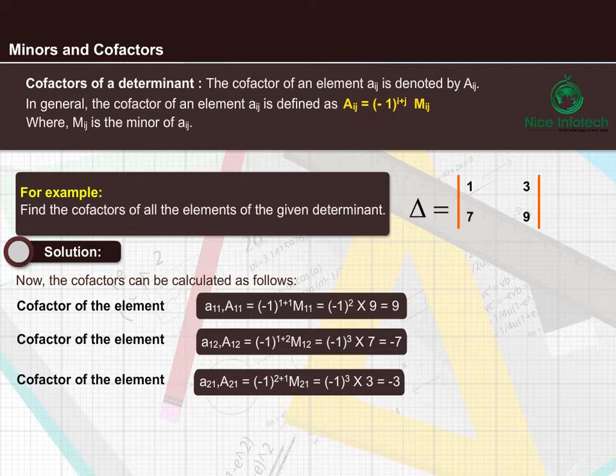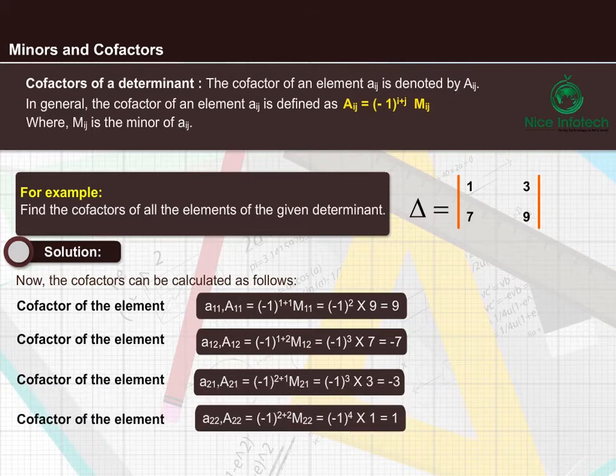Cofactor of A21 is minus 1 raised to the power 2 plus 1 into M21, which gives us minus 3. Cofactor of A22 is minus 1 raised to the power 2 plus 2 into M22, which gives us 1.